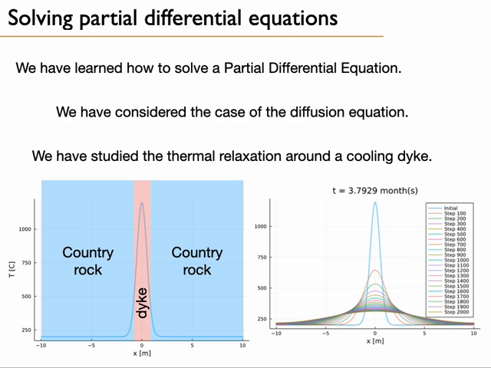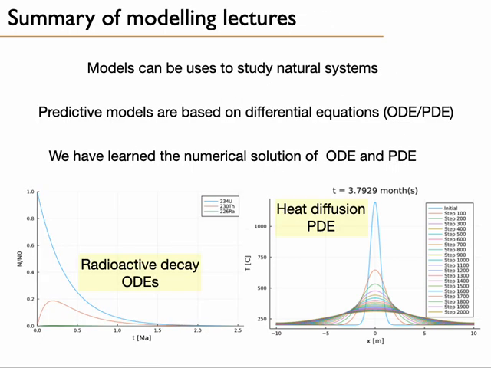In this session, we learned how to solve a partial differential equation, namely the diffusion equation here. And we've learned how to discretize this equation with an explicit finite difference scheme, and we studied the thermal relaxation around a cooling dike. So that's the summary for the modeling lecture.